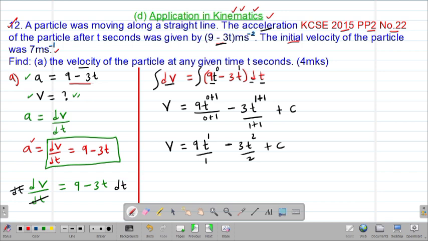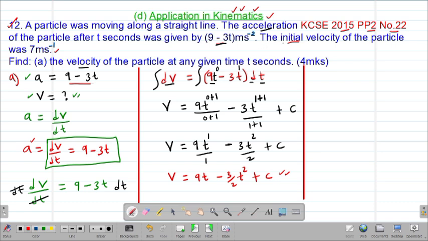Therefore, v is equal to 9t minus 3 over 2 t squared plus c. Now this is the velocity, but we still have the constant. Remember, from the question we are given the conditions to eliminate our constant of integration.